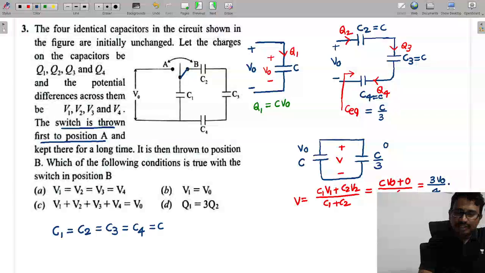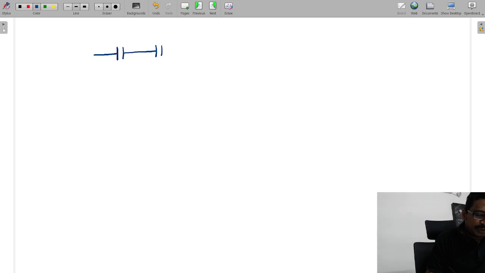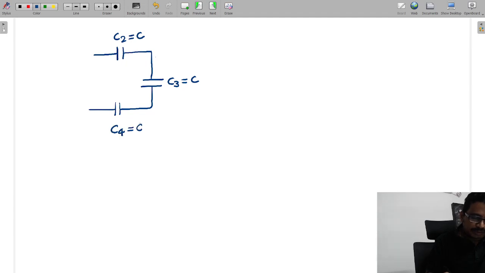Now you can see this combination of capacitors. Here this C2 value is equal to C. This is C3, which is also equal to C. This is C4, which is also equal to C only.